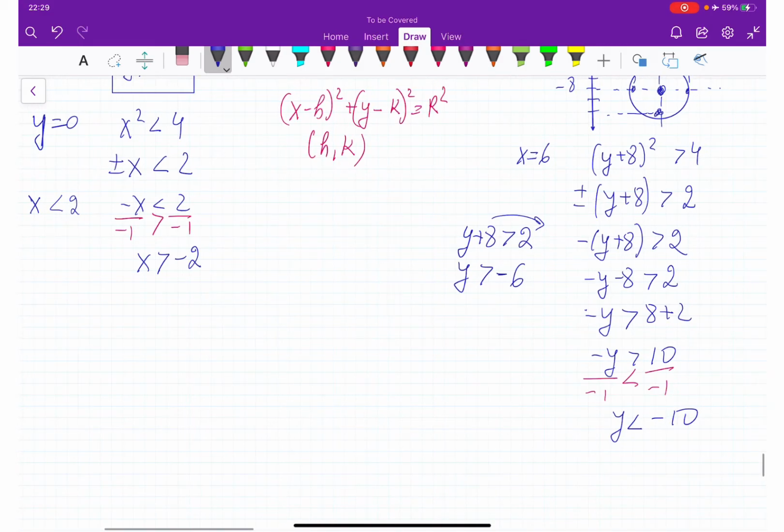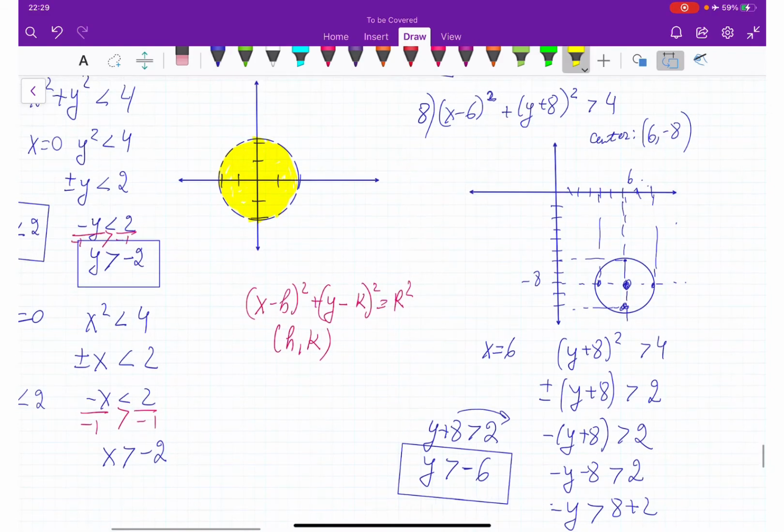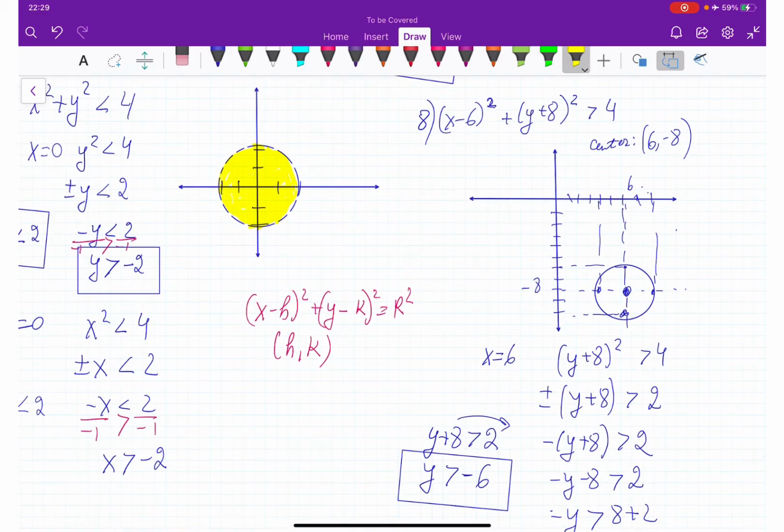So these two shadings, it's going to be this one, and then this one. So y is greater than negative 6. This is our negative 6, so it's going to go here, right?